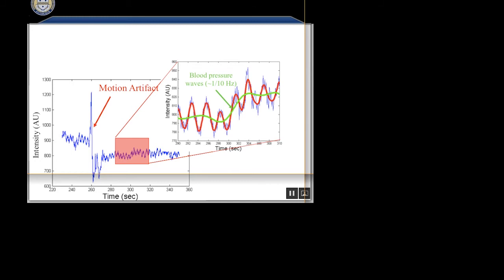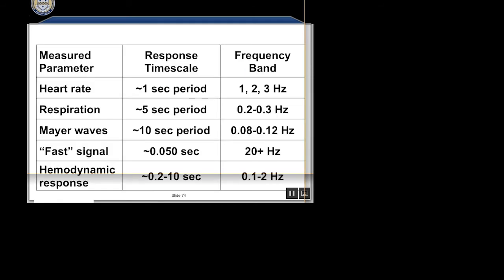Cardiac tends to show up a little bit more on the oxyhemoglobin. Blood pressure and respiratory tend to show up a little bit more on the deoxyhemoglobin. So you have these different frequency bands to deal with, the fast cardiac versus the slow blood pressure type oscillations.